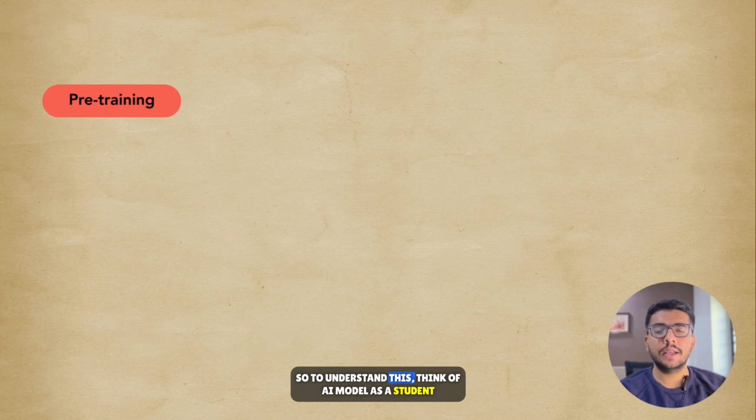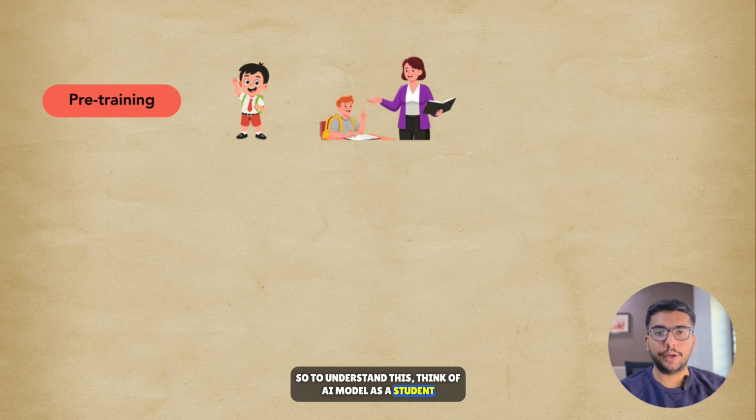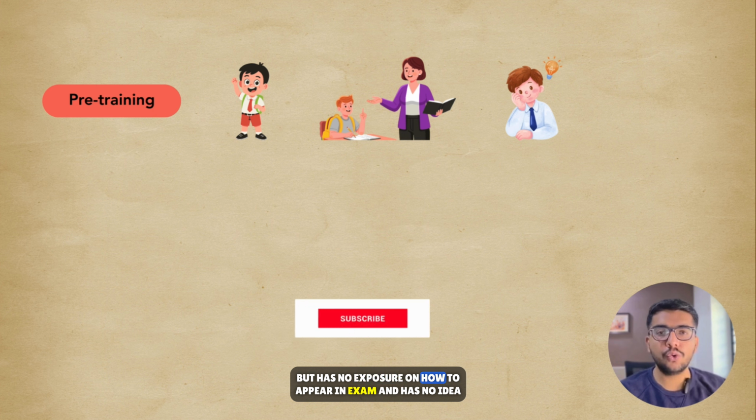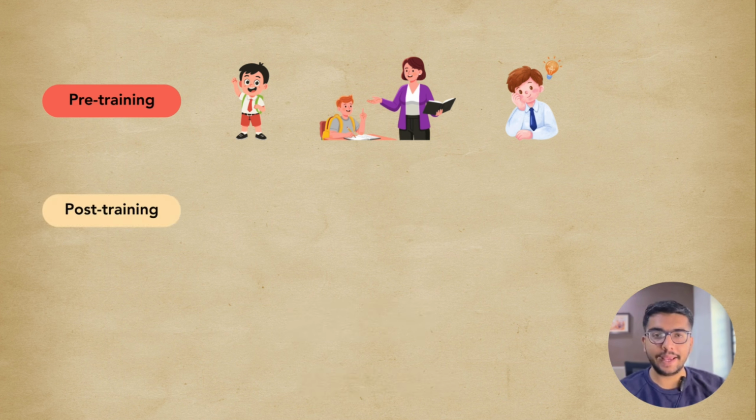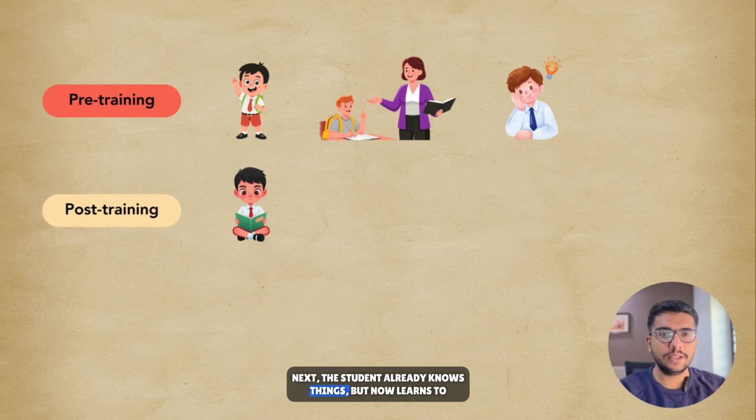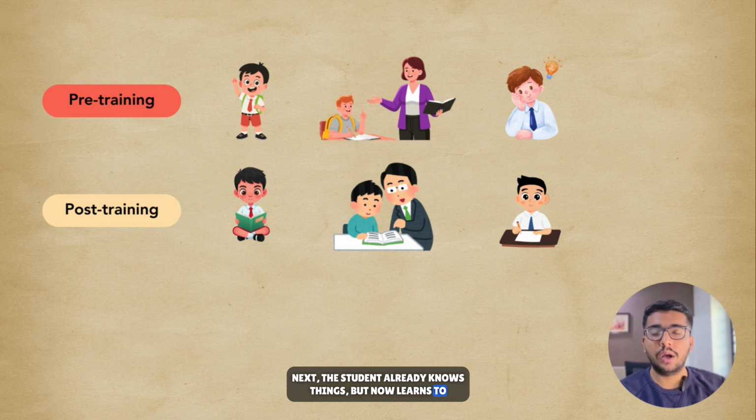So to understand this, think of an AI model as a student. At first, the student is just learning basics like reading books, learning different subjects like math, science, and history, but has no exposure to how to appear in an exam and has no idea how to get a job. That's what pre-training is. Next, the student already knows things but now learns to answer properly: how to follow instructions, what's right and what's wrong, what to do and what not to do.